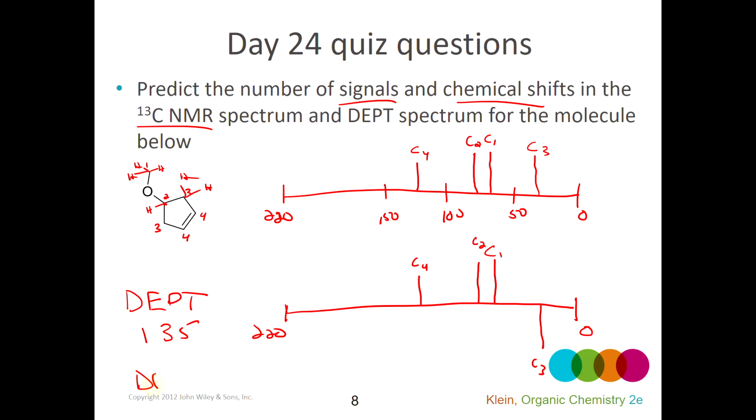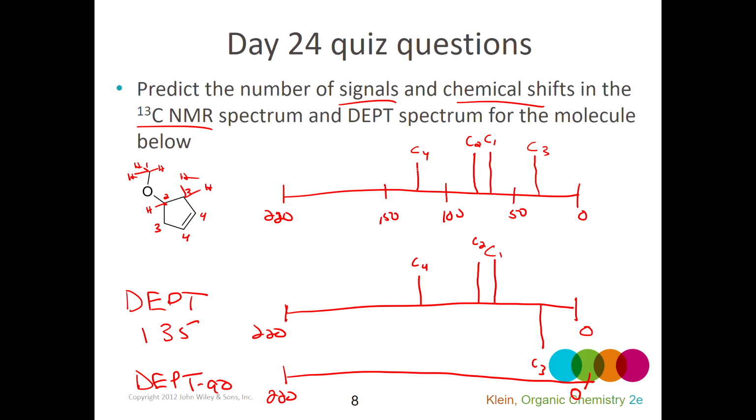Just real quick, if I were looking for the DEPT 90, that one only shows CHs. So carbon 3 is a CH2. It wouldn't appear in the DEPT 90. Carbon 1 is a CH3. It wouldn't appear on a proper DEPT 90.